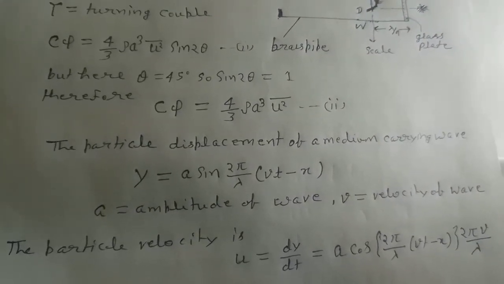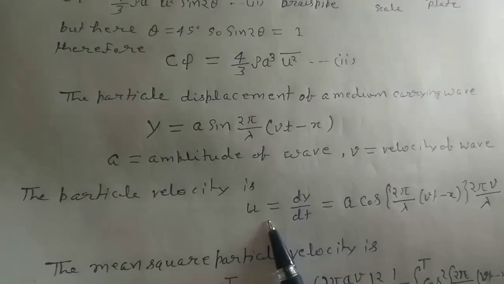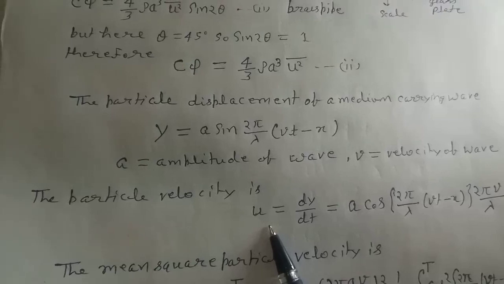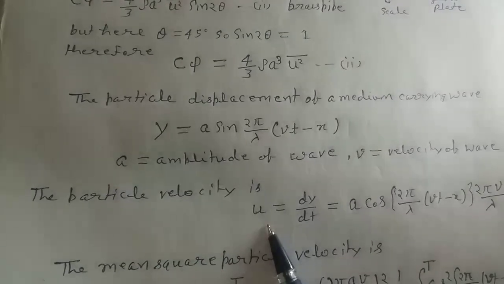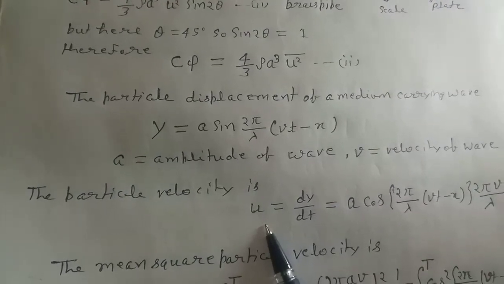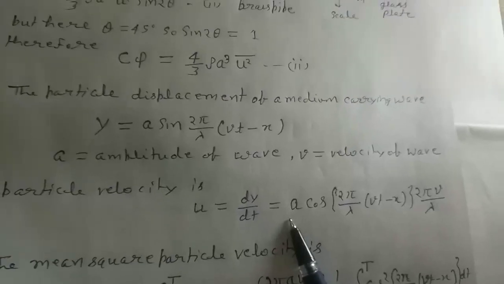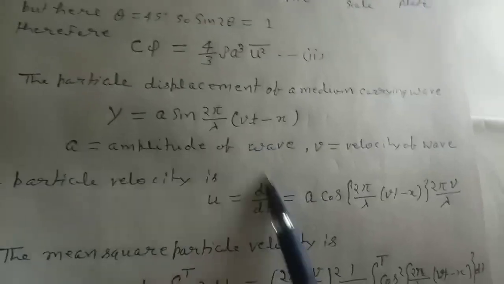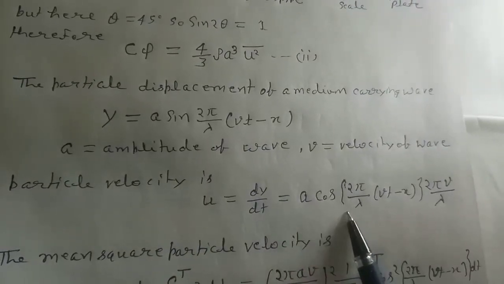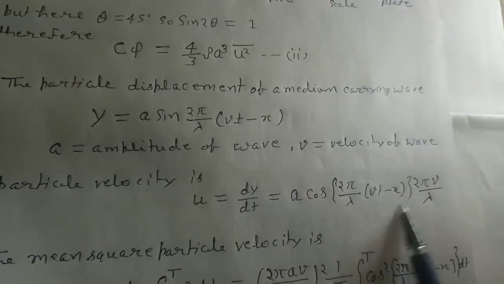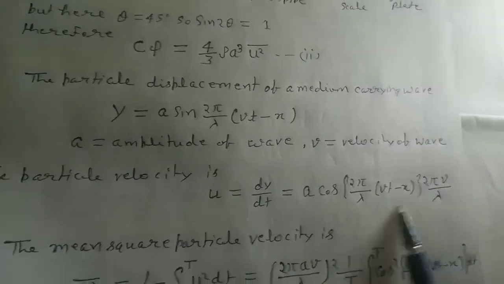So the particle velocity of the wave is given by u equals dy/dt, differentiating this value. You get a cos (2π/λ)(vt − x) times 2πv/λ.